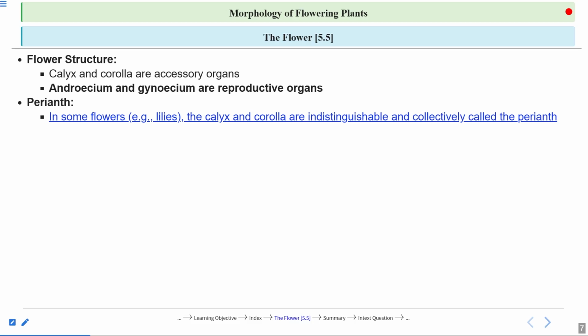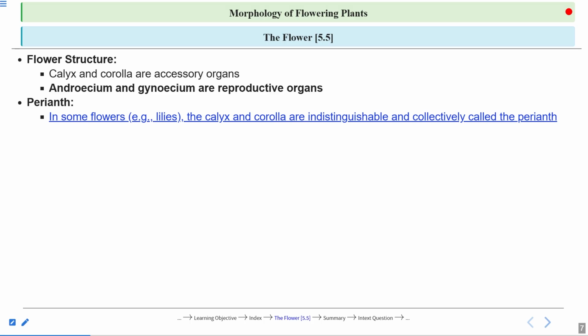Now, a very important term, perianth. Listen to it carefully. In some flowers, for example lilies, the calyx and corolla are indistinguishable. You cannot distinguish that this part is the calyx and this part is the corolla. They are collectively called as perianth.